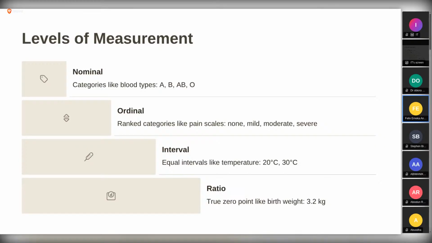Interval simply means you are increasing the level, whatever level it is, there's something happening at that level. But you've chosen to increase that level by 2, by 4, by 6, or whatever you decide, by 20, by 30. Unlike the ratio where there's a true 0. So meaning that 0 kg means there's no weight.